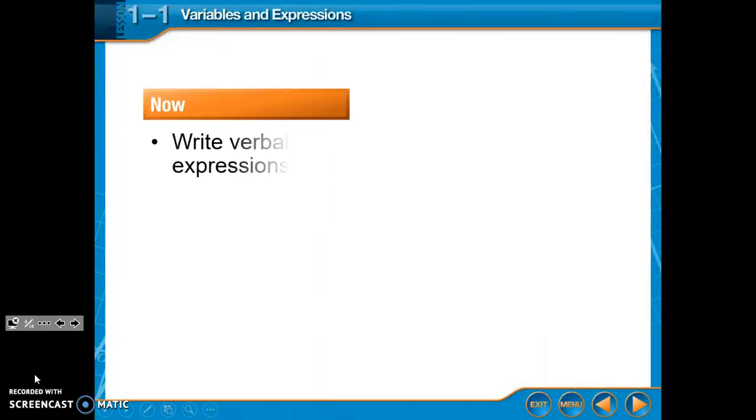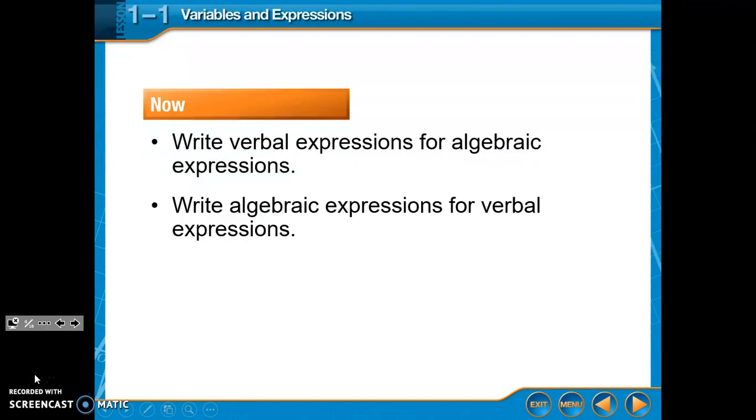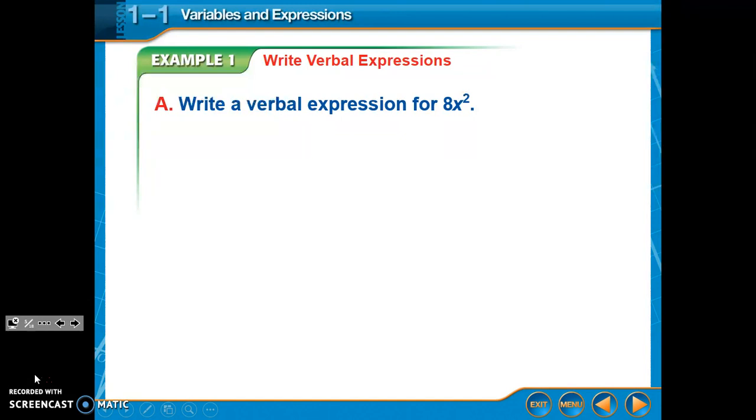So in this lesson, we're going to learn to write verbal expressions for algebraic expressions and write algebraic expressions for verbal expressions. So first, writing verbal expressions. Here we have an algebraic expression, 8x squared, right? We want to write what this is in words.